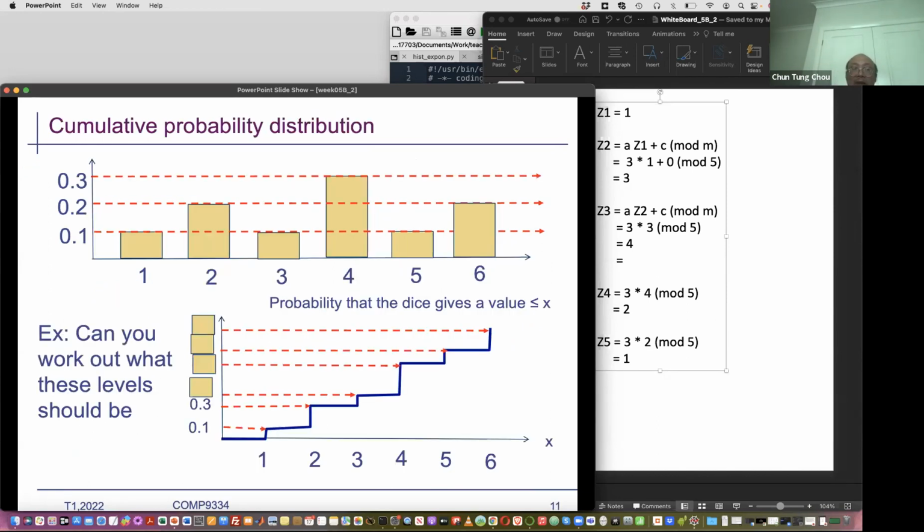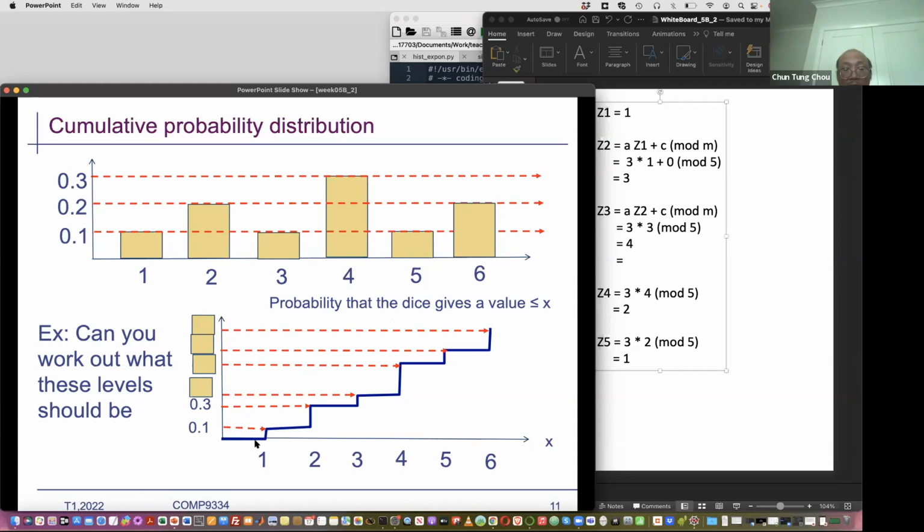Now, let's compare with something else. This is the probability that you want. Now, I want to find out what the cumulative probability distribution is. In this graph, we have 1, 2, 3, 4, 5, 6. I want to compute the probability that the die gives a value less than or equal to x.